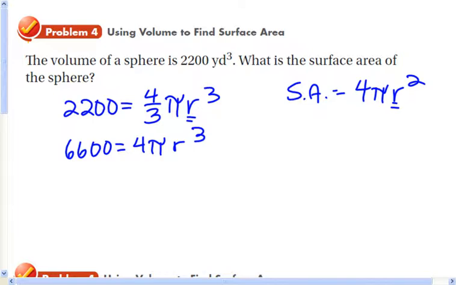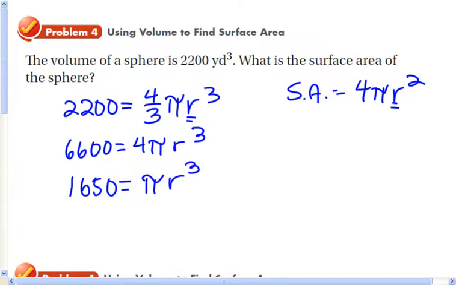And let's divide both sides by 4, so we get 1,650 is equal to pi r cubed.